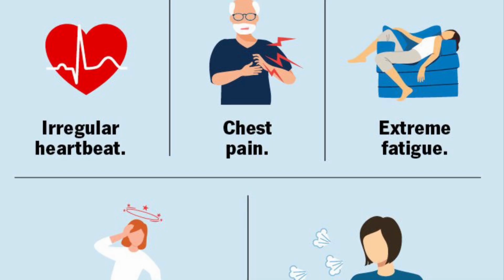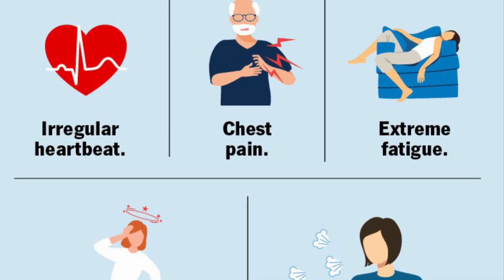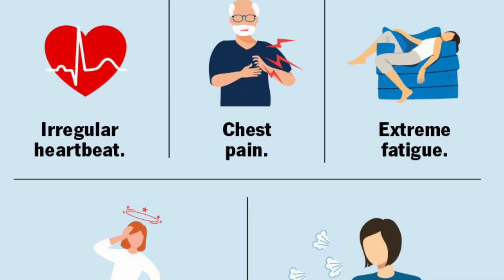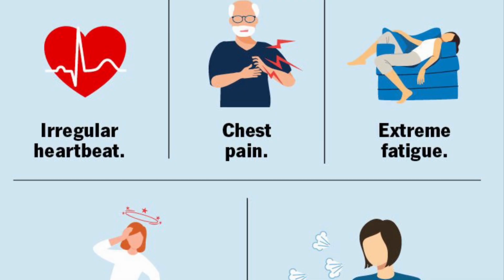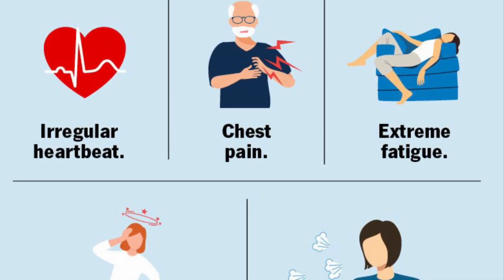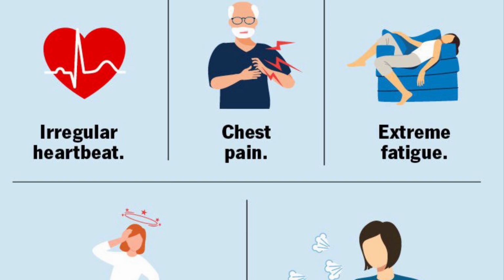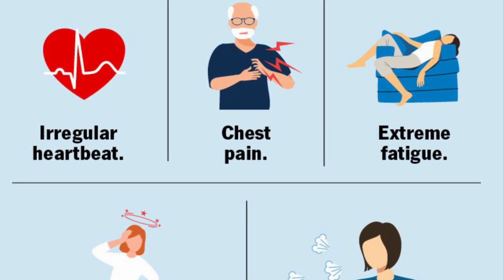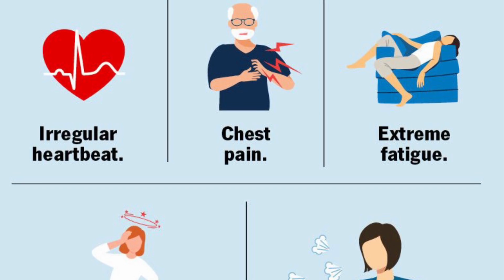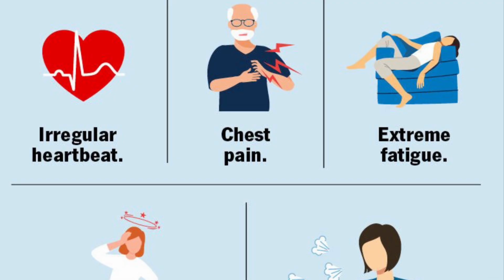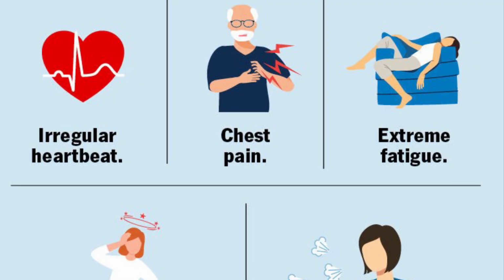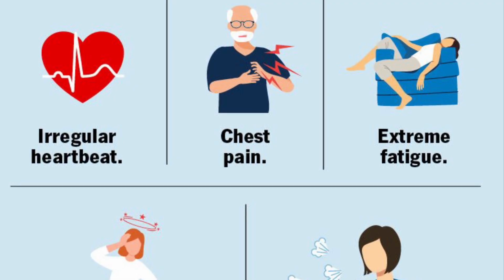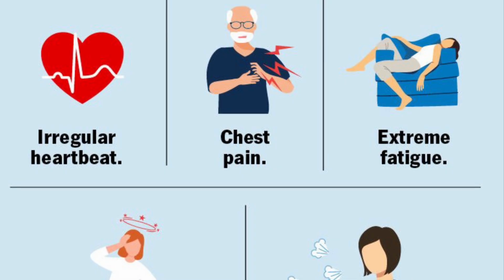All right, so let's start evaluating rhythms. We're gonna go through our systematic approach and label them. First step, what's the rate? 40. Baseline, it's all okay, right? Do you have a P wave for every QRS? Yes.